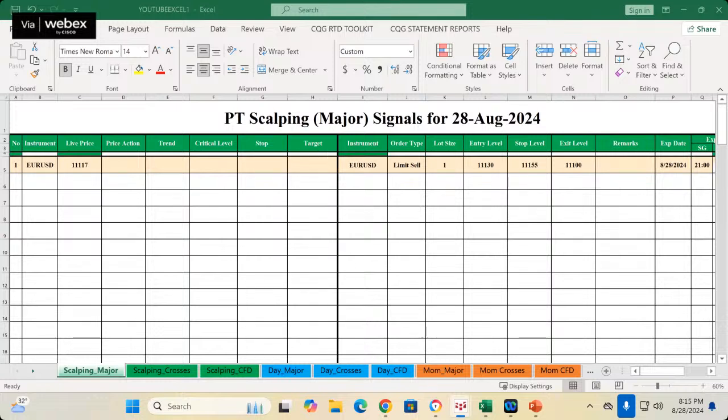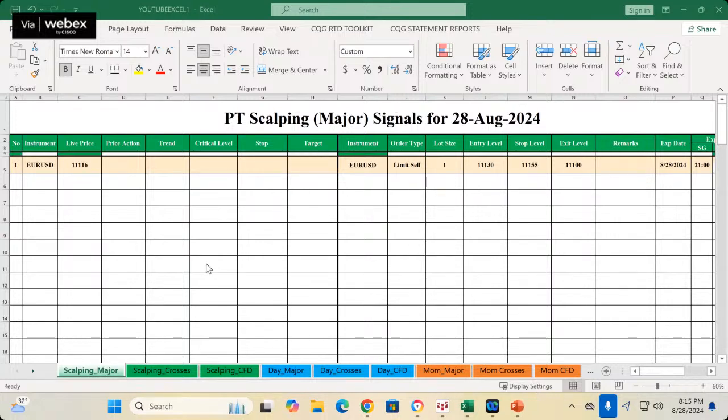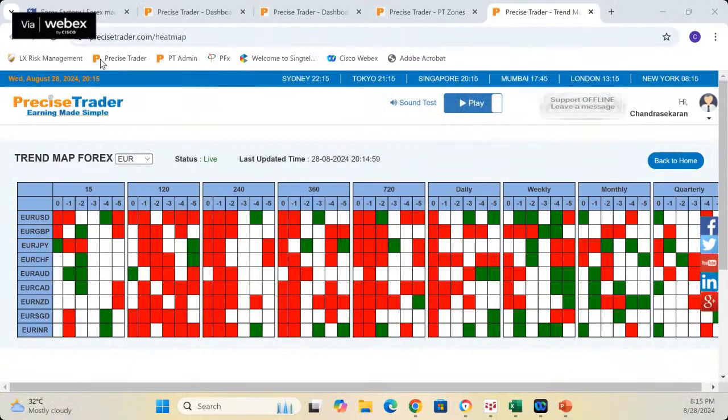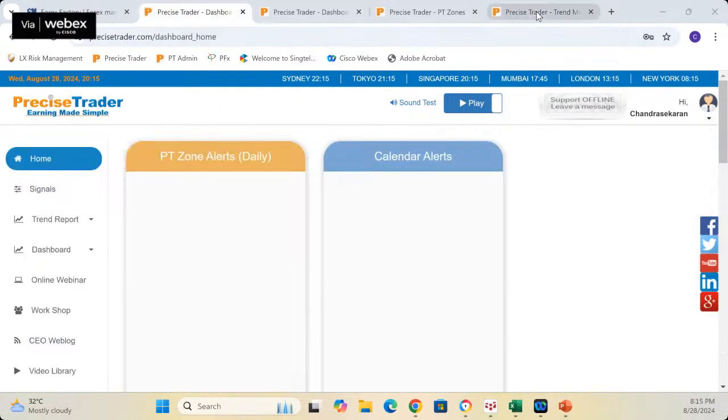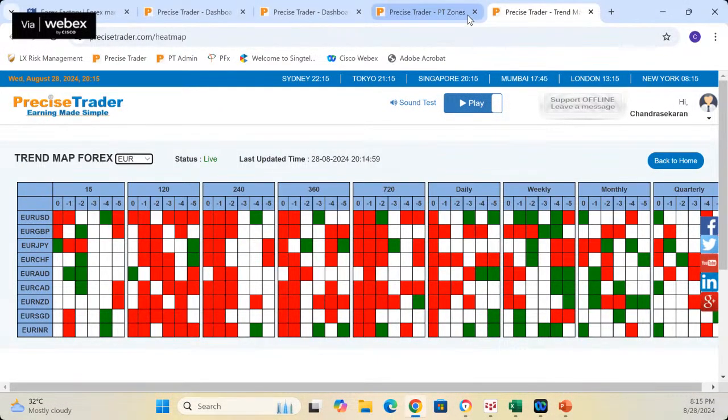The next trade we are going to look at, we will go back to the system, and we are going to do euro yen. Remember, euro yen was the next viable trade.